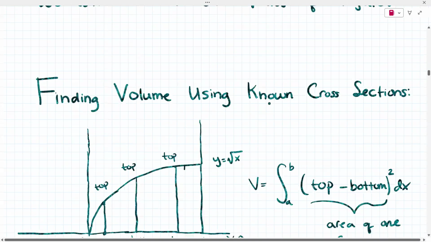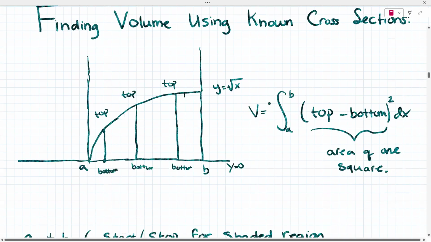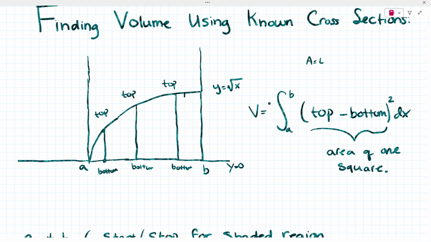Okay, so how do you find the volume using known cross sections? We're not finding area, we're finding volume. First, you need a lower and upper boundary, and then you need to find the top minus the bottom, and then we have to square it because remember the area of a square is length times width. Right here, this is just one area of one square, right?